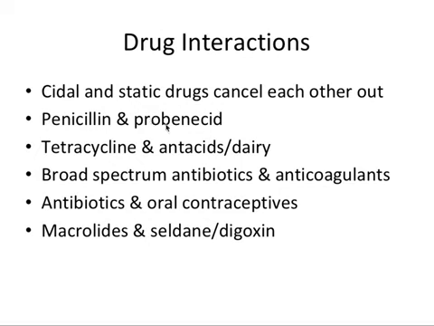Now some other specific examples: Penicillin interacts poorly with probenecid, which is a uric acid reducer for gouty arthritis, and probenecid alters the renal clearance of penicillin. Now, tetracycline effectiveness is reduced by concurrent ingestion of antacids like Tums or dairy products like milk.